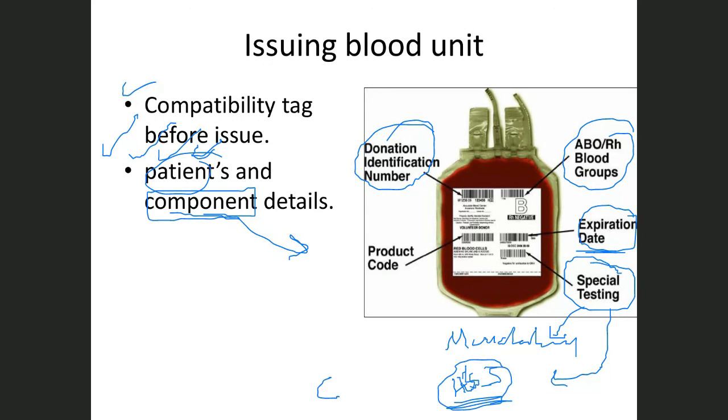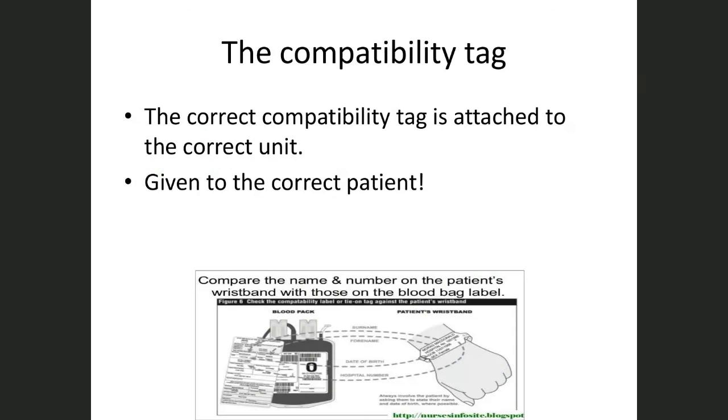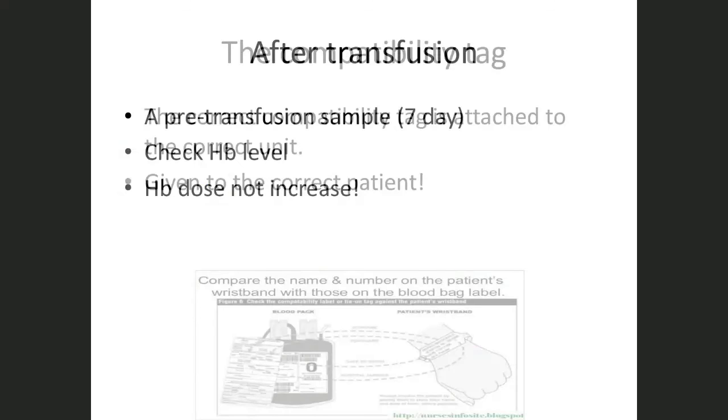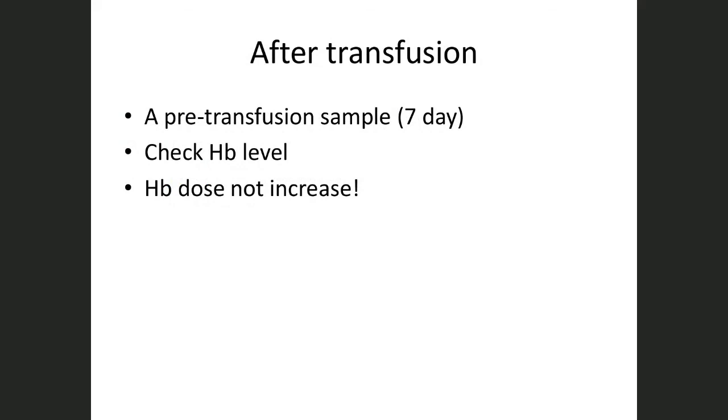Maybe check the CMV virus, which is also not mandatory. And for radiation, maybe the product is irradiated or not; if it's irradiated, it should be stated. So this information is quite important. Okay, is it clear?